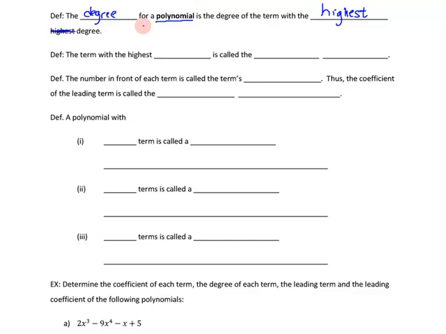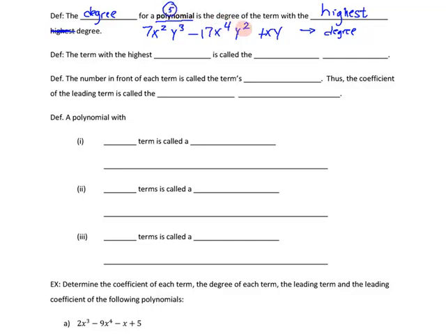So say I had 7x squared y cubed minus 17x to the 4th y squared plus xy. The question is, what's the degree of that polynomial? Well, what you do is you check the degree of each term. The degree of the first one is 5.